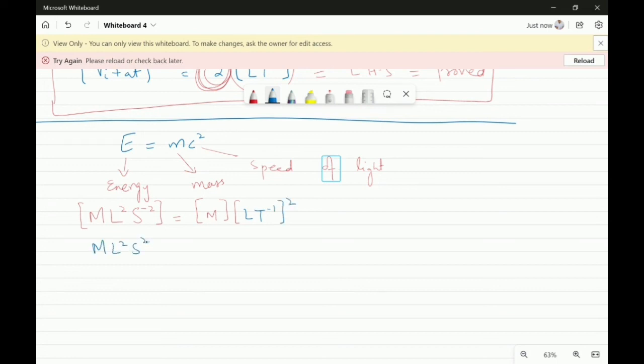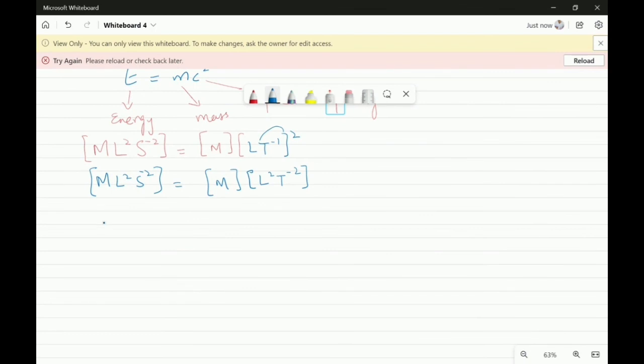So ML square T minus 2 equals M, solving the square. So L square will give you L square. T minus 1 raised to the power 2 will give you T minus 2. Now writing the right hand side in one bracket, you will get ML square T minus 2.